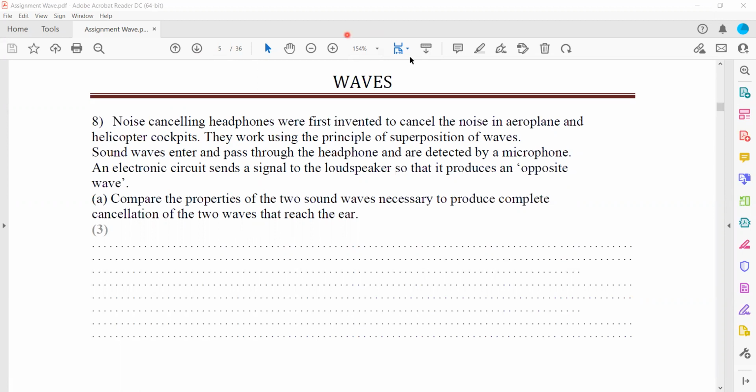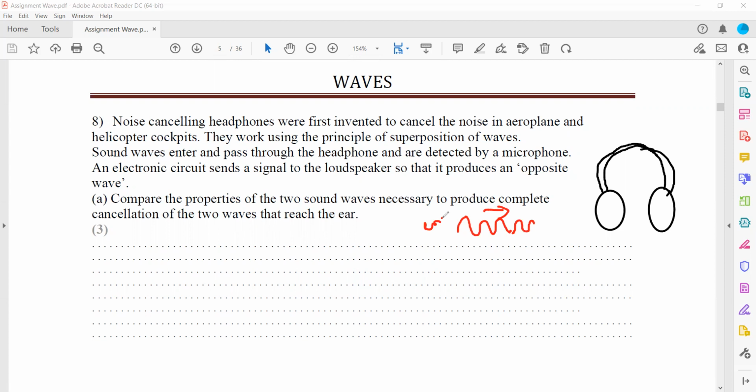How does it work? For example, if these are the headphones, and the sound is coming from the engine, this is just a representation, because sound waves are not transverse, they are longitudinal.